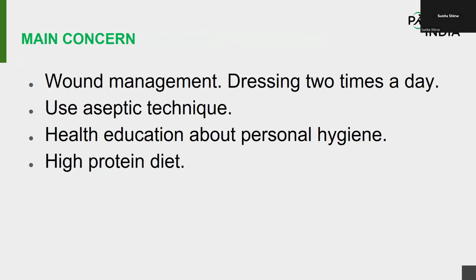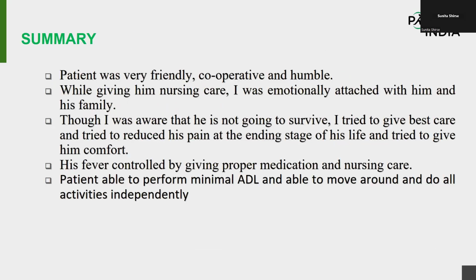I already discussed medication. Main concern, wound management: dressing 2 times a day, use aseptic technique, health education about personal hygiene, high protein diet. Summary: patient was very friendly, cooperative and humble. While giving him nursing care, I was emotionally attached to him and his family.